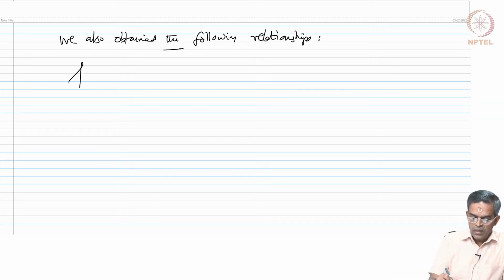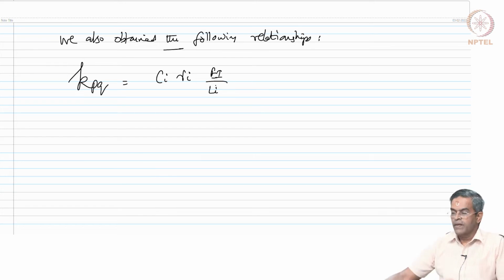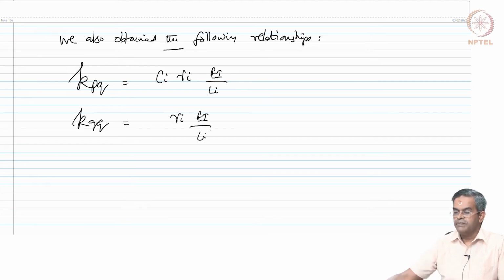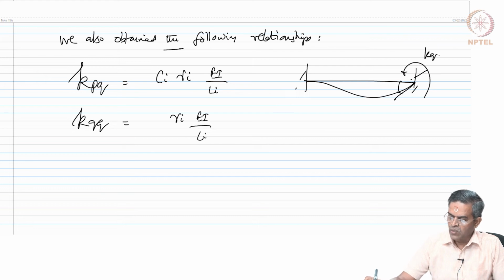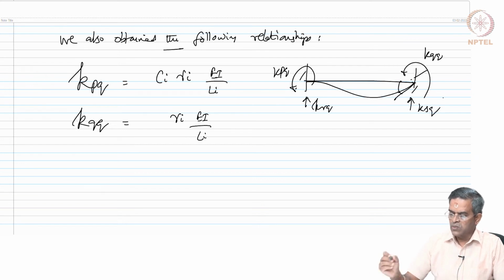We got KPQ as Ci Ri Ei by Li, and KQQ as Ri Ei by Li, and so on. So, this is simple. I am giving unit rotation here. This was KQQ, this is KPQ, this is KRQ, and this is KSQ.